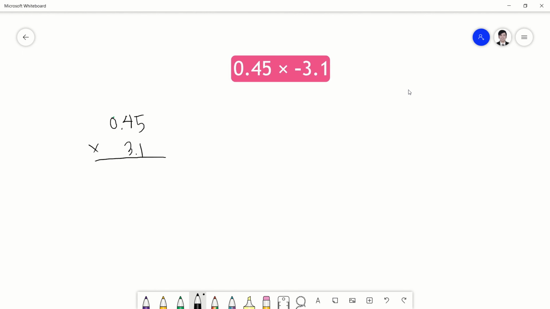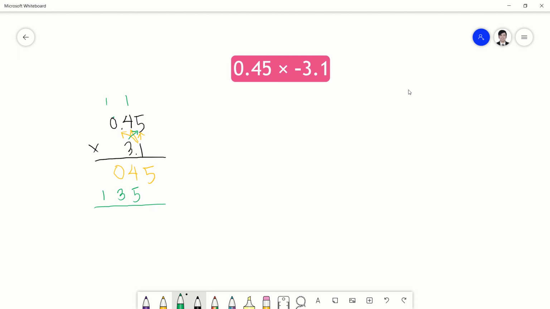We'll start with 1. 1 times 5 is 5. 1 times 4 is 4. 1 times 0 is 0. And then we deal with 3 now. We multiply 3 to 5. 3 times 5 is 15. Carry the 1. 3 times 4 is 12 plus 1 is 13. Then 3 times 0 is 0 plus 1 is 1.